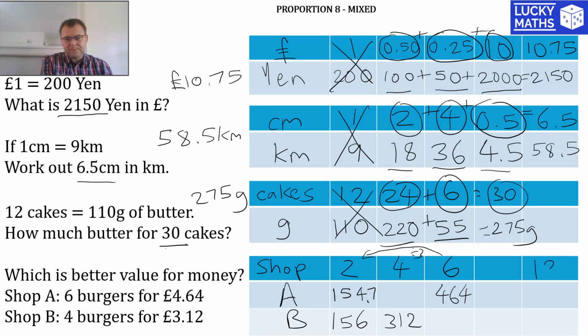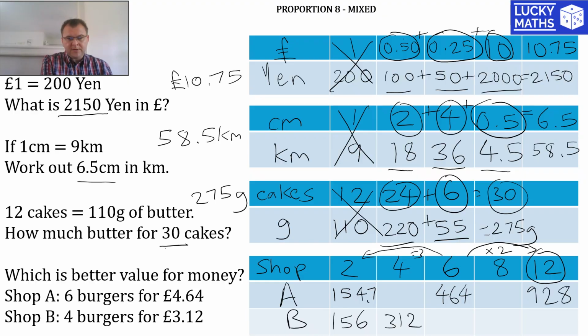The way in my head would be to possibly use a bigger number, or in this case, the lowest common multiple of 4 and 6, which is 12. So to get 12 burgers, there are 2 choices here, but if we double the 6 burgers from shop A, that is £9.28 for 12.